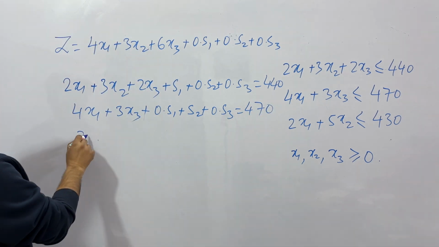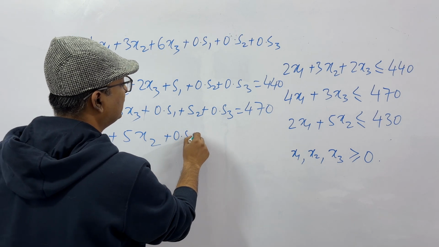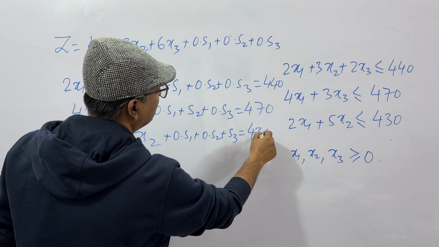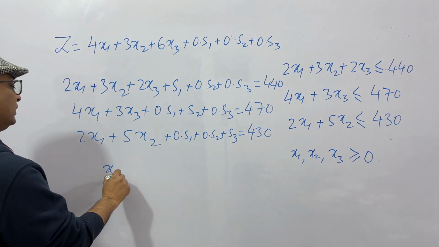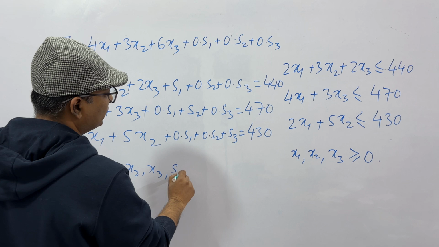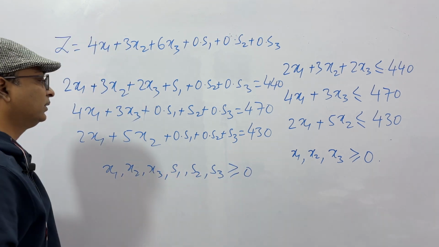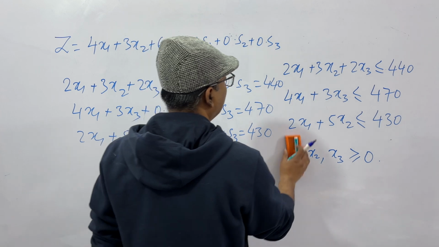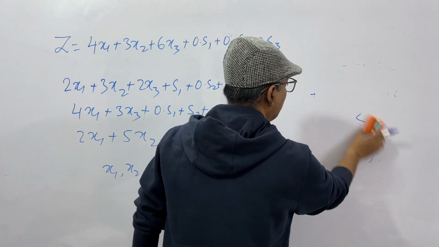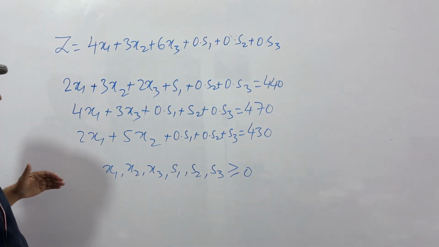Okay, then is 2x1 5x2 plus 0 into s1 0 into s2, here we'll have s3 equal to 430, where our x1, x2, x3 and these three slack variables s1, s2, s3, these all are greater than equal to 0, that is they all are positive. So we have converted this problem into standard form.